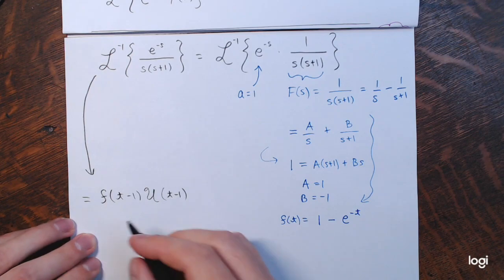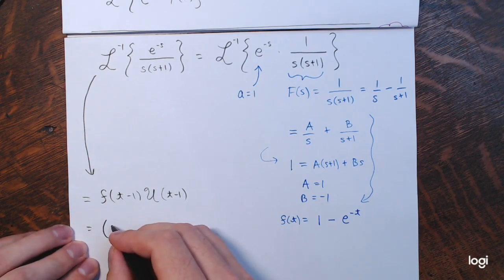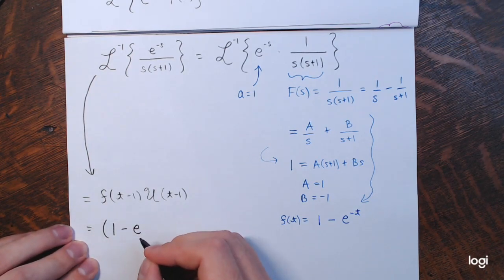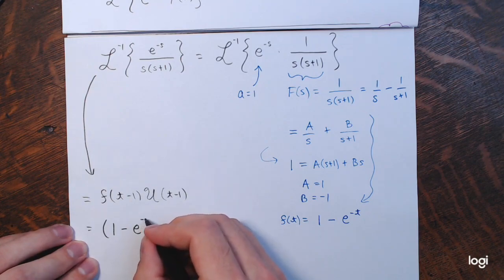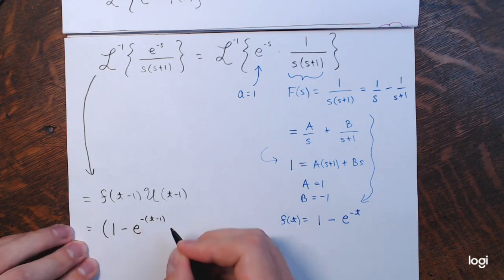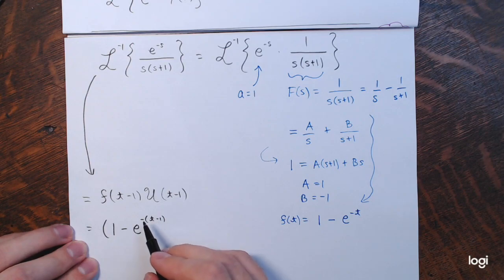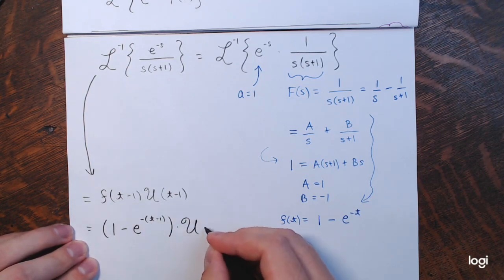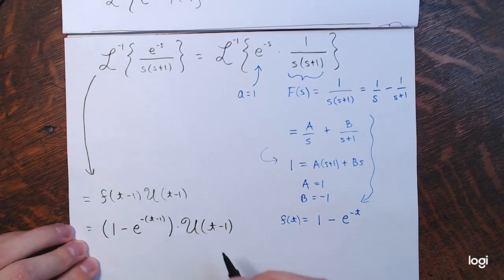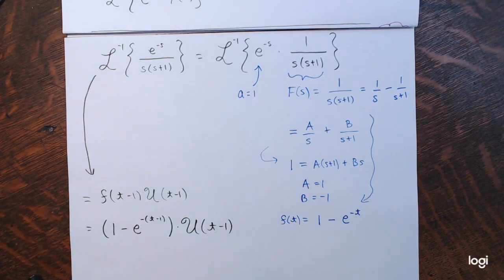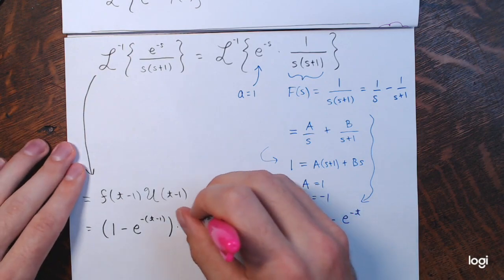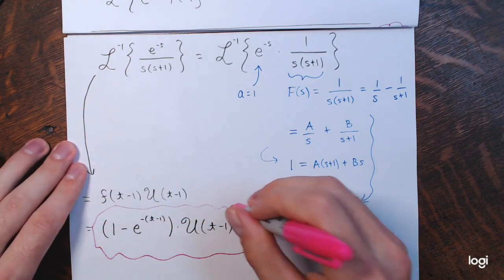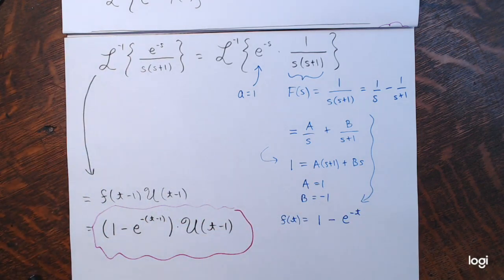And this was f, so this is equal to the quantity 1 minus e to the opposite of t minus 1, or you could put 1 minus t if you distribute the negative, times the unit step function at t minus 1. And there you have it. The inverse Laplace transform of that function of s that we were given.